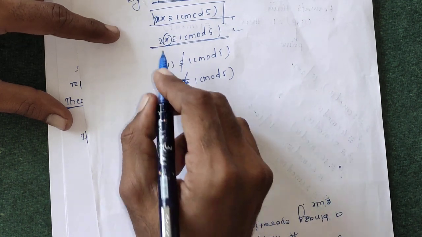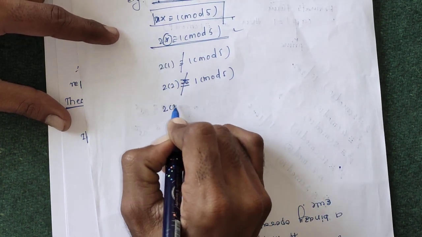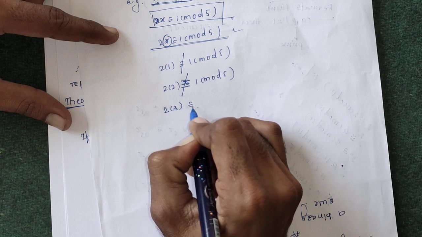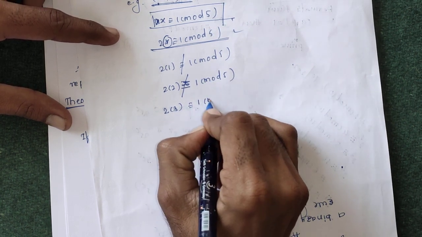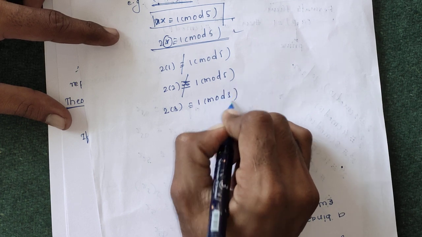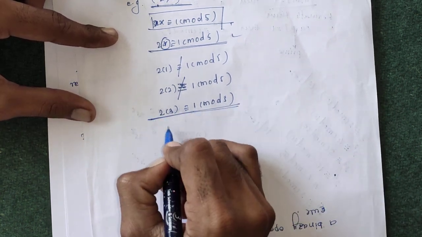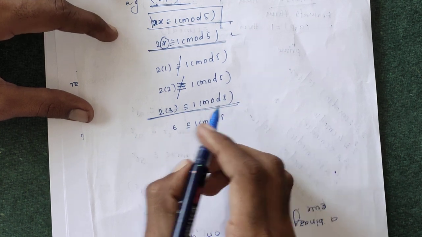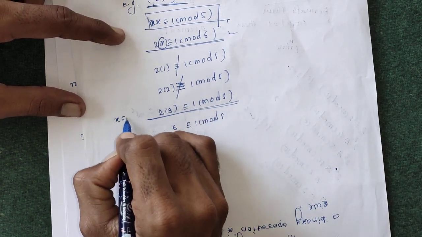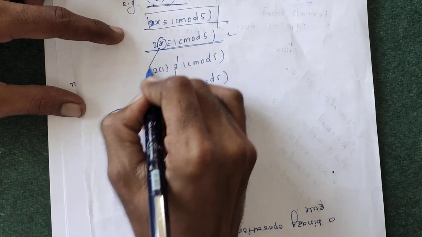If we take the value of x as 3, then we get 2 into 3 is 6, 6 minus 1 is 5 and 5 divides 5, therefore this congruence is satisfied, that is 2 into 3 is 6, which is congruent to 1 modulo 5, hence x is equal to 3 is a solution of this congruence.